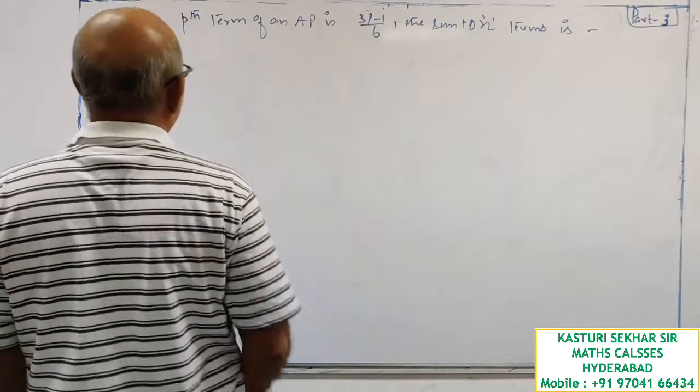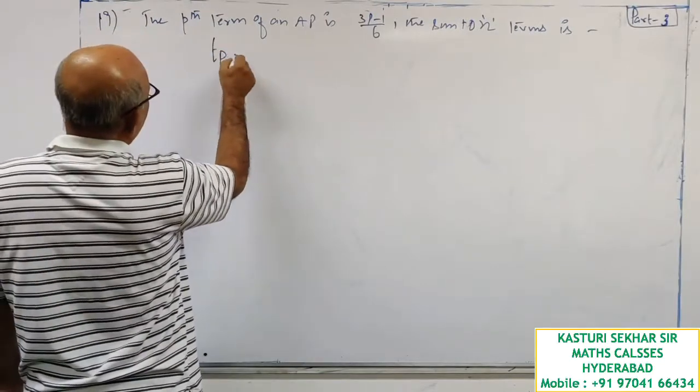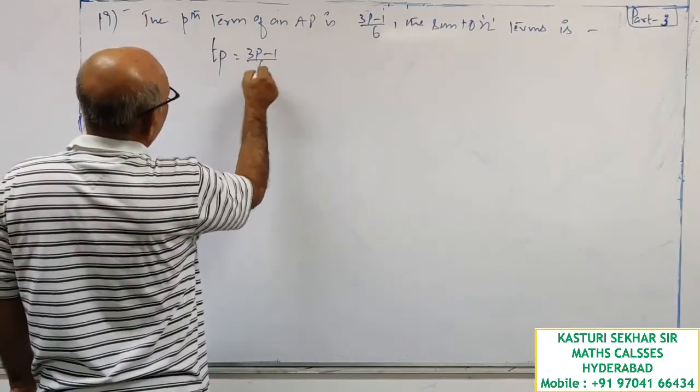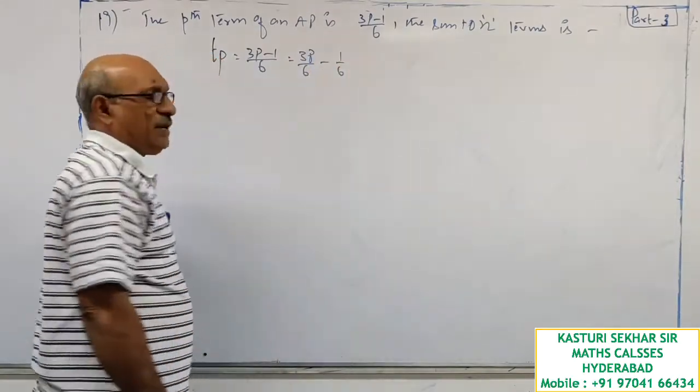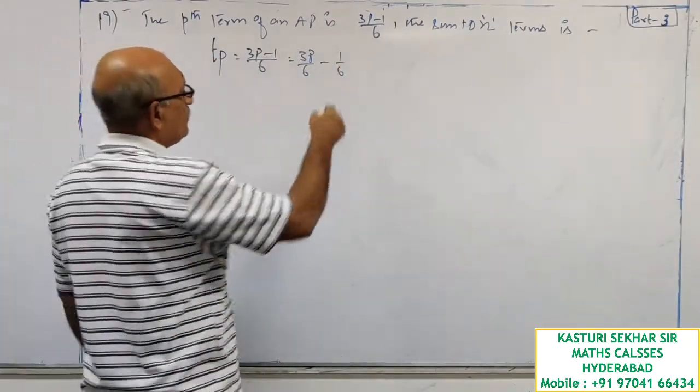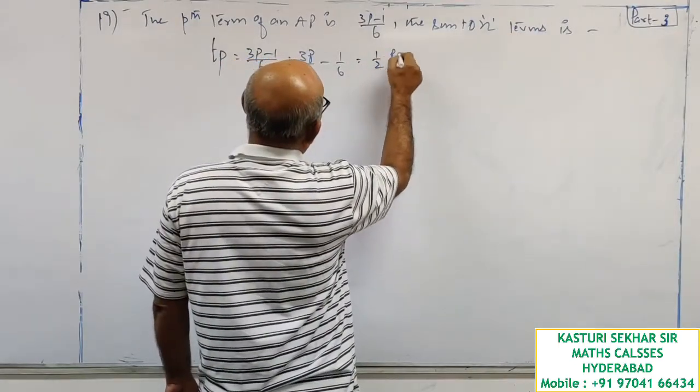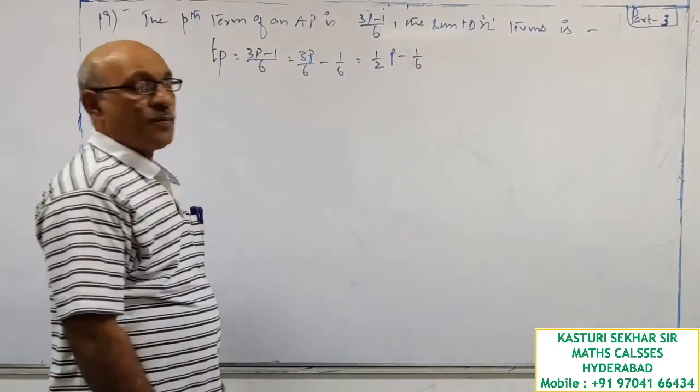Look at the question, sir. General term is given, (3p minus 1) by 6. This can be written as 3p by 6 minus 1 by 6. This is 1 by 2 into p minus 1 by 6.